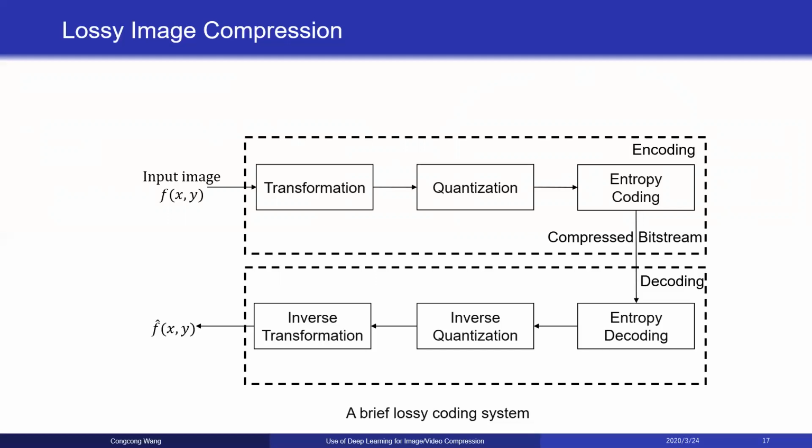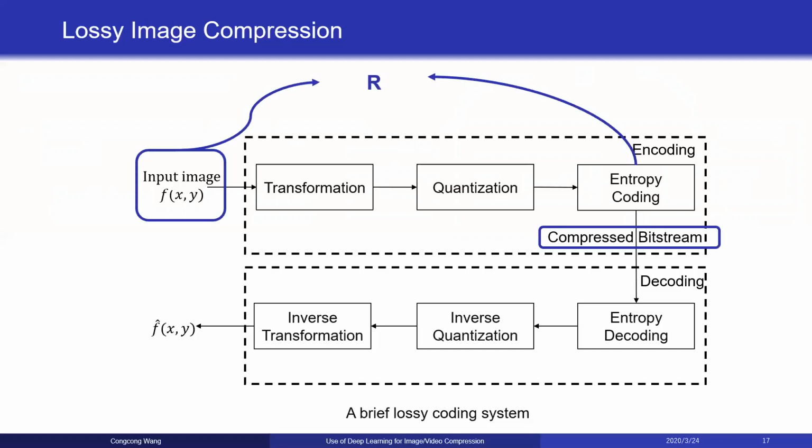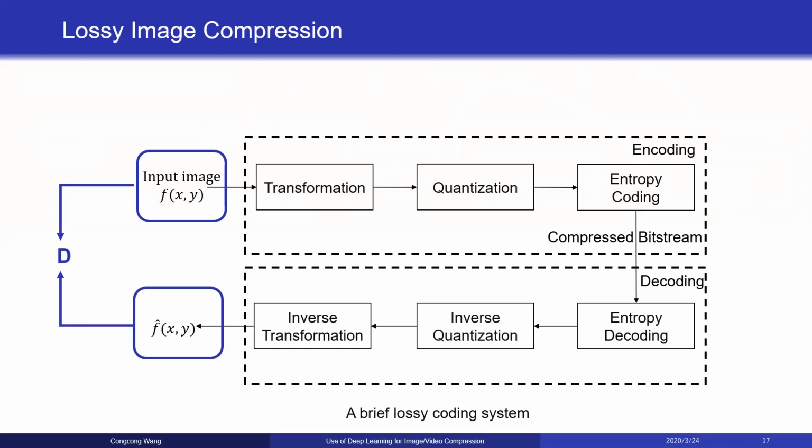So how do we evaluate a lossy system? The same as a lossless system, compression ratio is used. Besides, since it's a lossy system, we will lose some information of the input images. So another metric is needed to evaluate the distortion between the input image and the output decoded image.